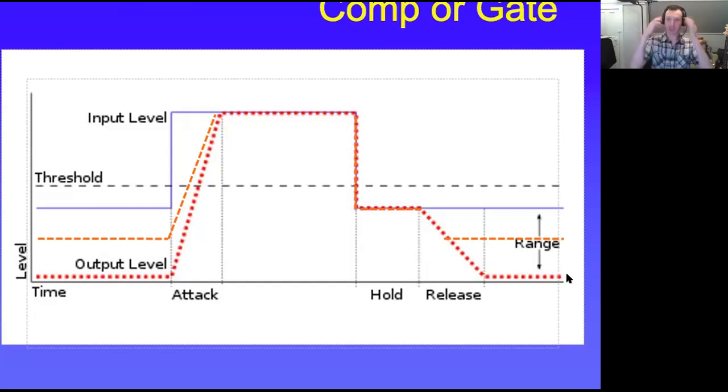Now, just as a thought experiment, if you took a gated signal, this same signal, gated it first, then sent it to the compressor, the effect would be very different than our original compression signal, because essentially you'd be sending the output level of a gate, which is down here, and then slowly ramps up above our threshold, and then sort of comes back down and holds and then goes down.